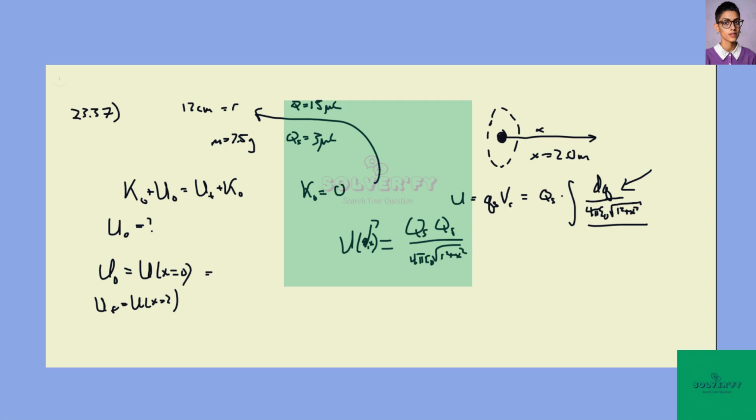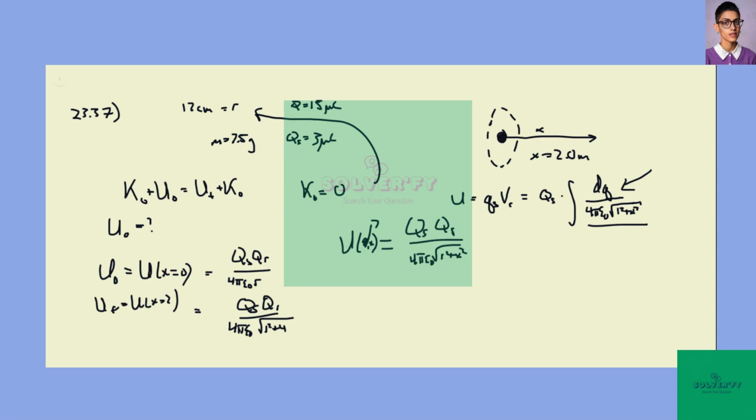So let's plug these in, and this becomes Qs times Qr over 4 pi epsilon naught r. Okay, and this one becomes Qs Qr over 4 pi epsilon naught square root of r squared plus 4.